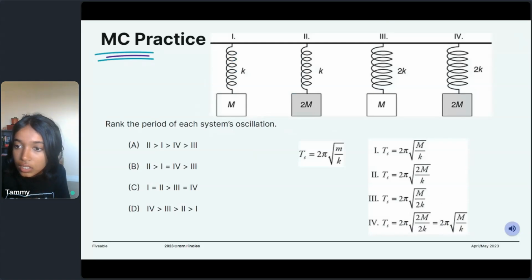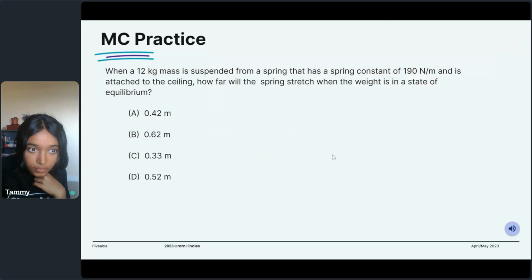Okay. Yep. All right. I don't see any questions. Please ask if you do have them, but I think we can move on to the next slide. Okay. Our question states when a 12 kg mass is, the answer was option B. Do you want to see it?